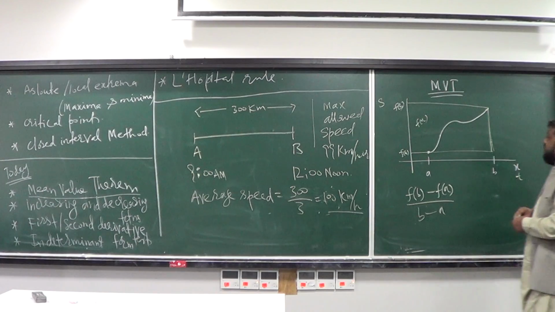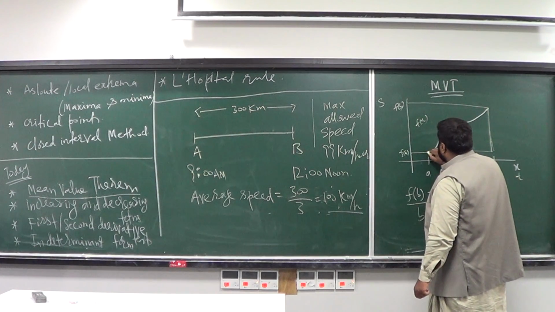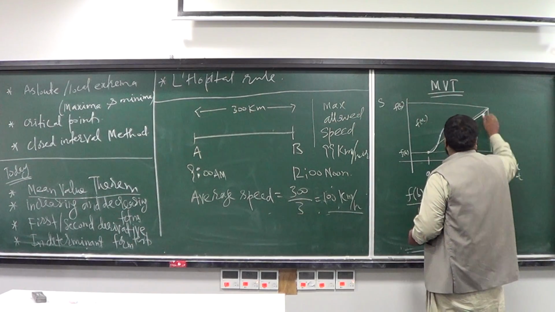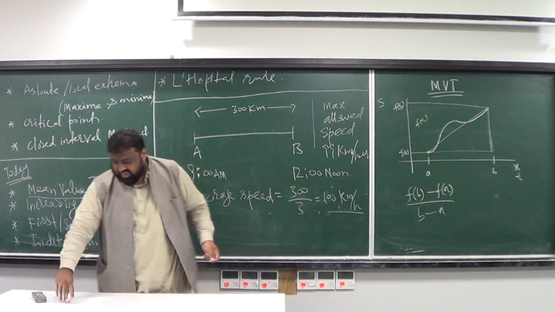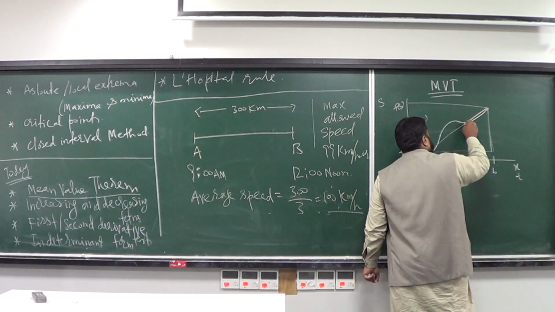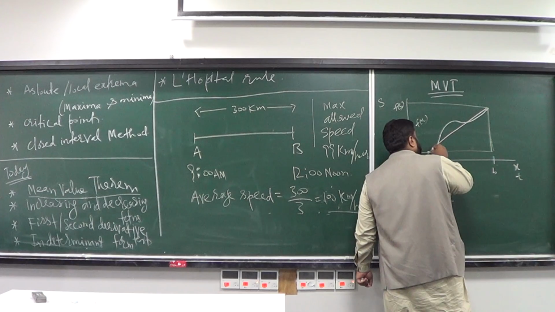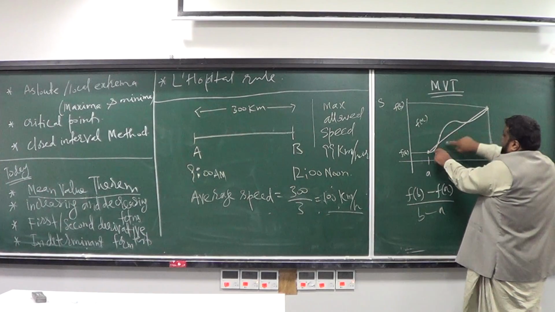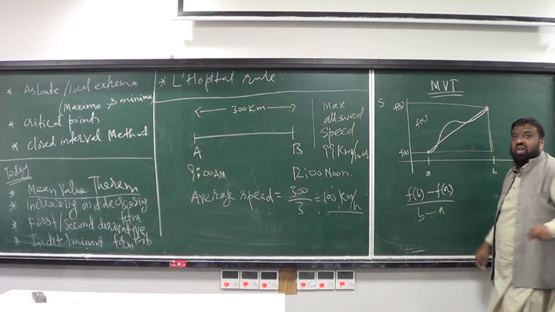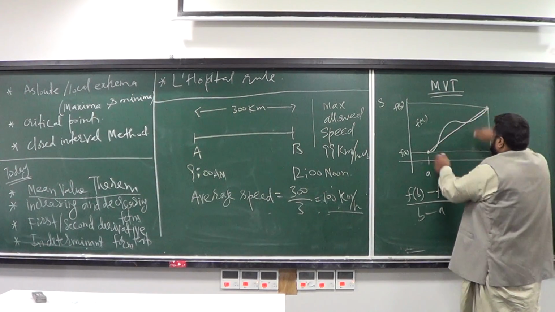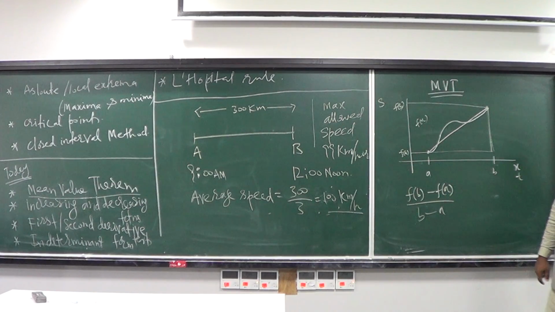Now if you draw a secant line that joins these 2 points, which gives you an average change, the average change in the position, the change in s. Now, what is the mean value theorem telling you?